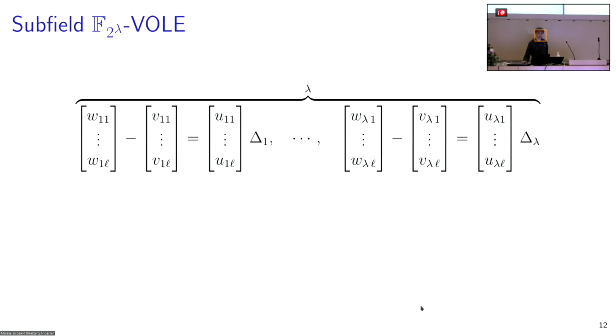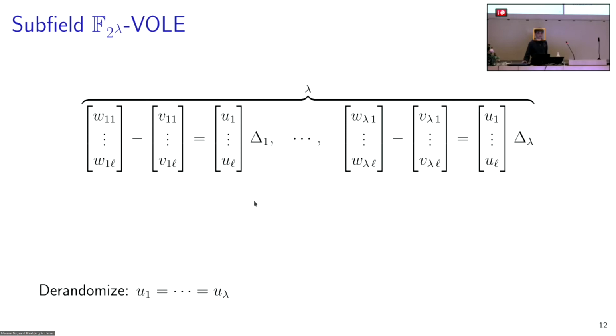Next step in IKNP is to somehow combine all the lambda F2 VOLEs into a single F2^lambda subfield VOLE. Here are the F2 VOLEs all written out independently. We need to de-randomize all the U vectors to be the same. This is needed because for a subfield VOLE, each entry in U must still be only a single bit.